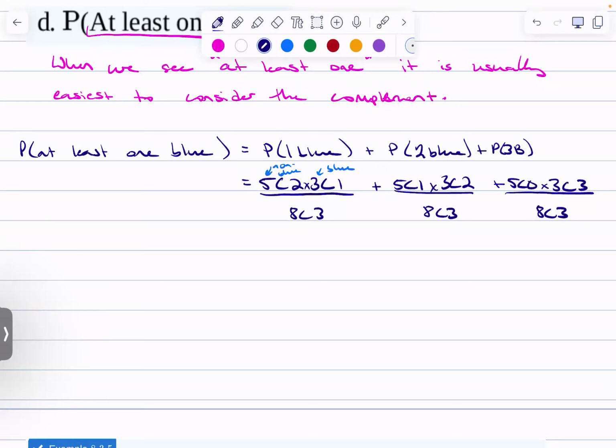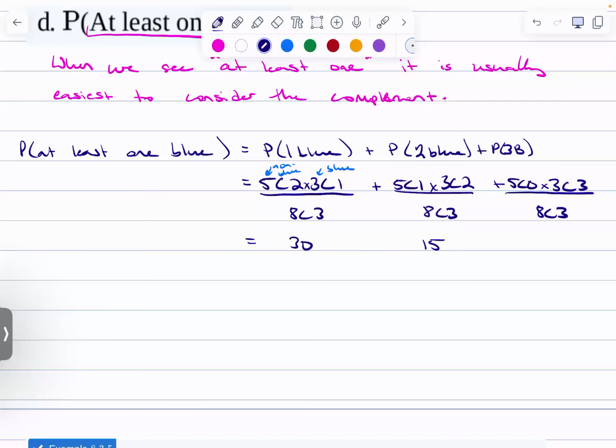And so let's see here, 5 choose 2 is 10 times 3. Let's just go for it, 30. 3 choose 2 times 5 is 15.